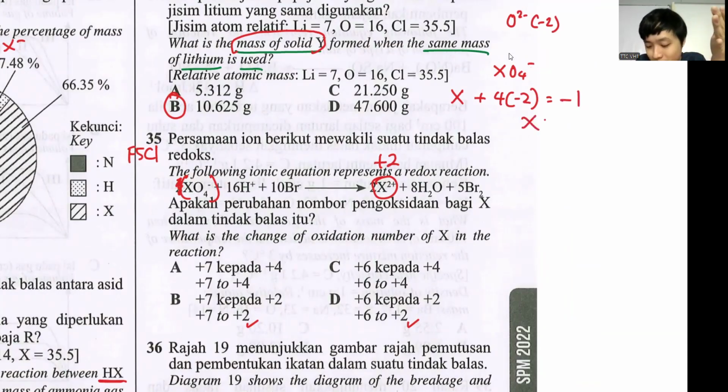So you can get the answer here. So simple. Mathematics. 4 times negative 2, negative 8. Negative 8 move to the other side, positive 8. It means your X is positive 7. So the answer should be B. Very straightforward. From positive 7 to positive 2.